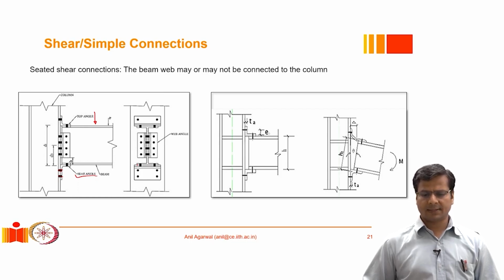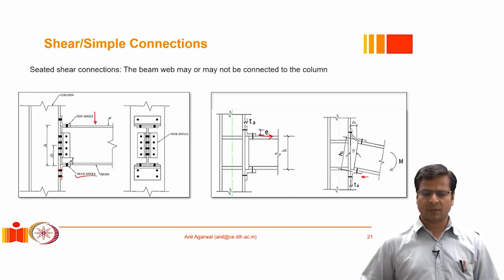And in these cases, as I had discussed before, these angles, even though they offer a lot of resistance when we push them this way, so in a seated angle connection, even though the connecting elements are sitting close to the beam flange, it does not behave like a rigid connection because these angles themselves are very flexible when we pull them. So if we push this angle in, it would offer a very high level of resistance.